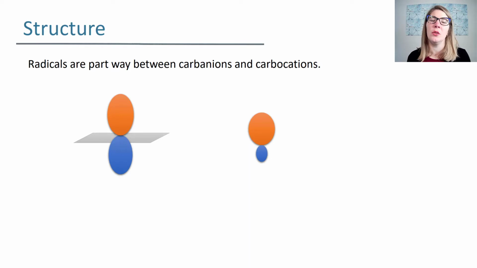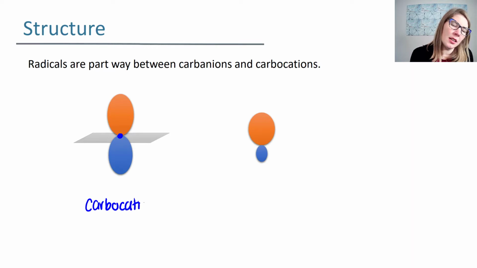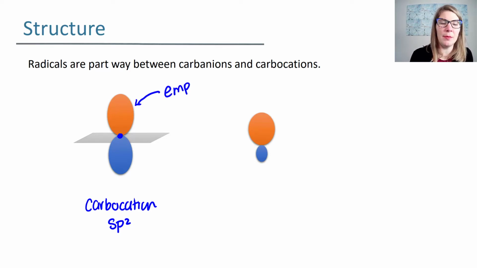So let's remind ourselves what a carbocation and a carbanion structure look like. If we're looking at a carbon, I'm going to draw a dot right here, and that's going to symbolize my carbon. For carbocations, this carbon is sp2 hybridized. That means that this thing is your empty p orbital.